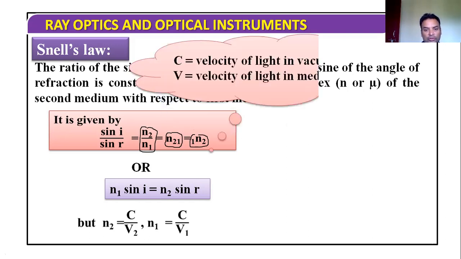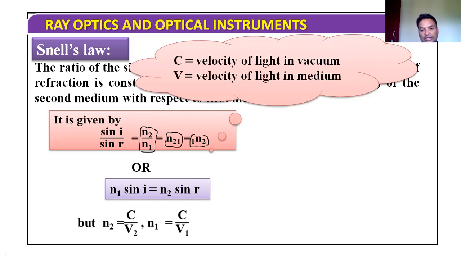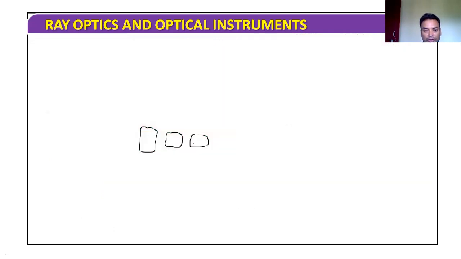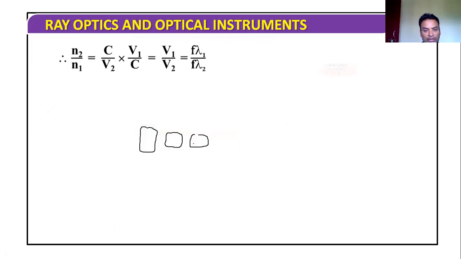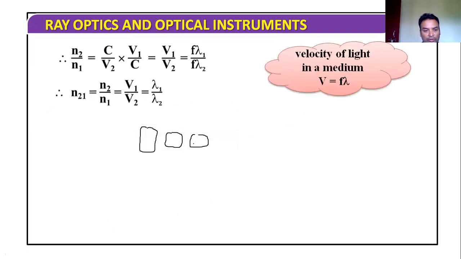So this was about the refractive index, C, velocity of light in vacuum, V, velocity of light in medium. And finally, we solved it and we got n21 is equal to lambda 1 upon lambda 2.